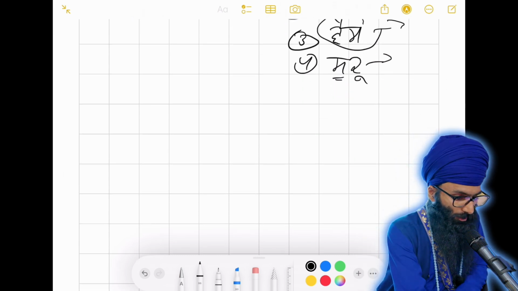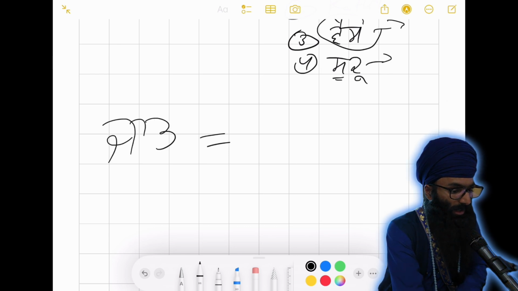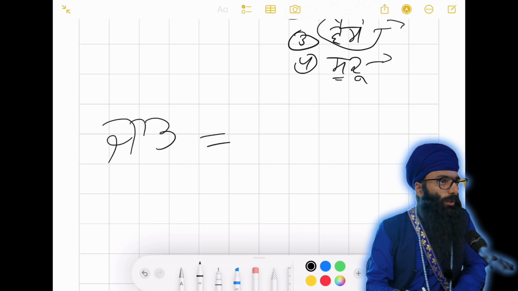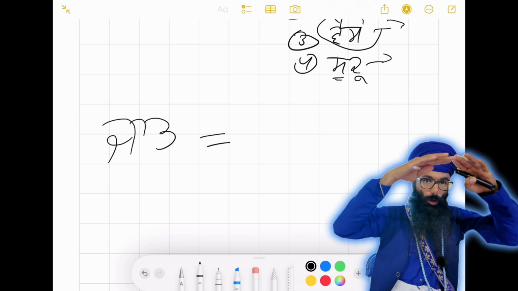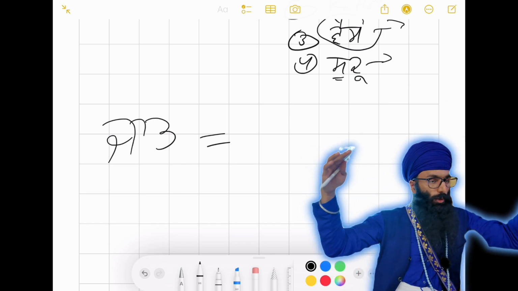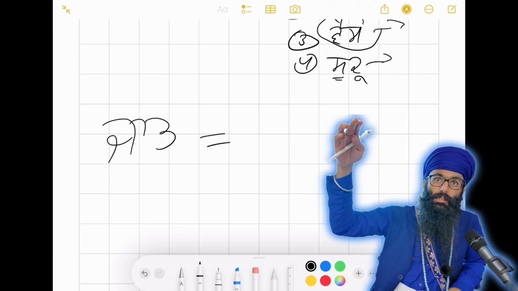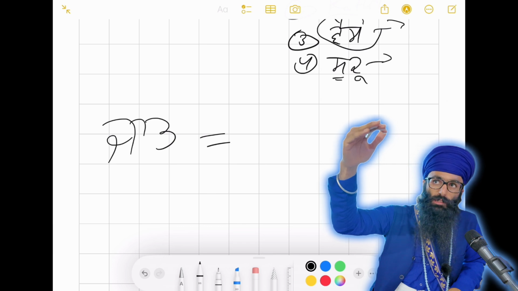Okay, jaat. Jaat is another denominator within the caste system. Okay, we say tuhadi jaat ki hai. That refers to not your varan, not your overlaying thing, but in between there. For example, someone's varan might be that they're a Brahman, but what's their jaat?